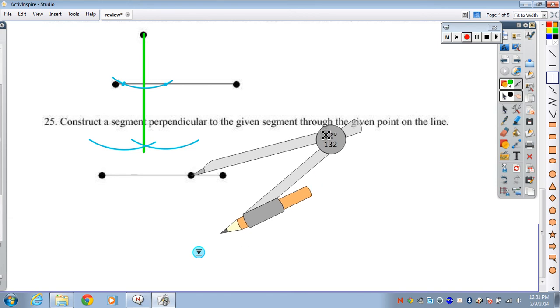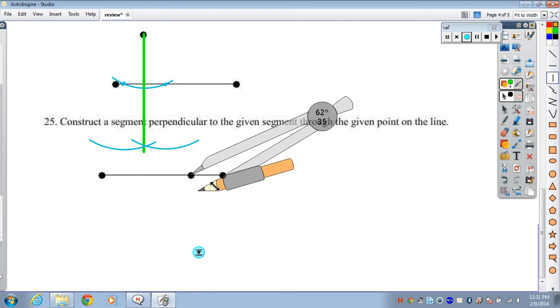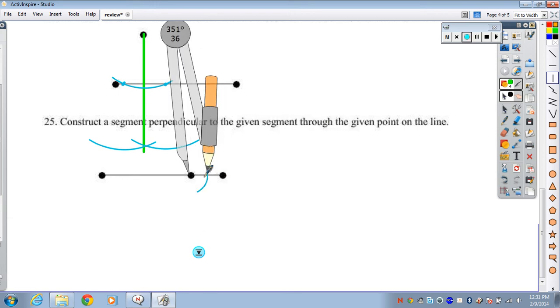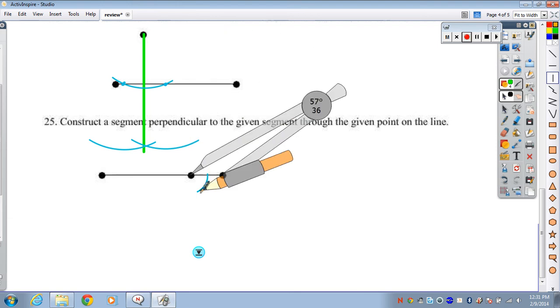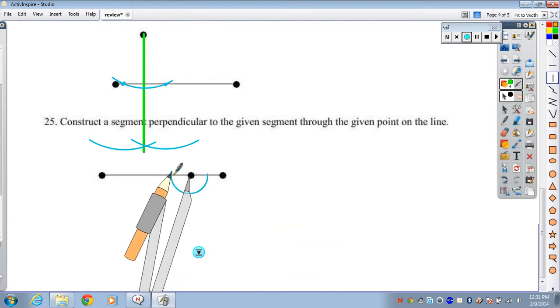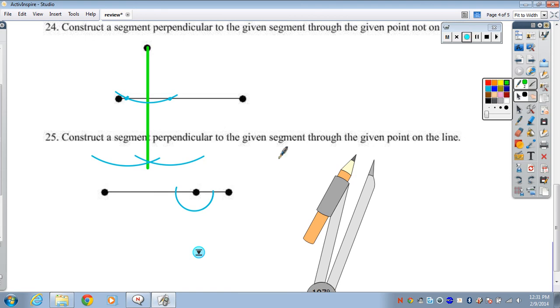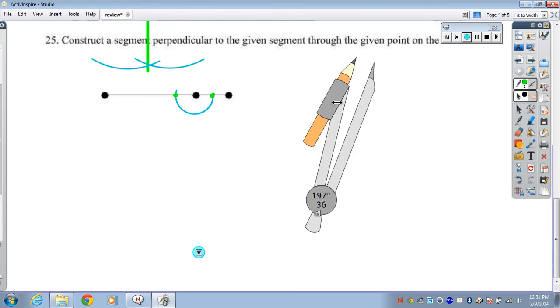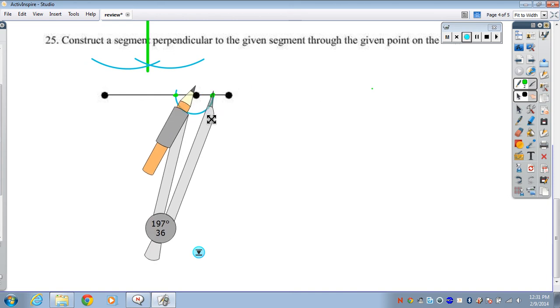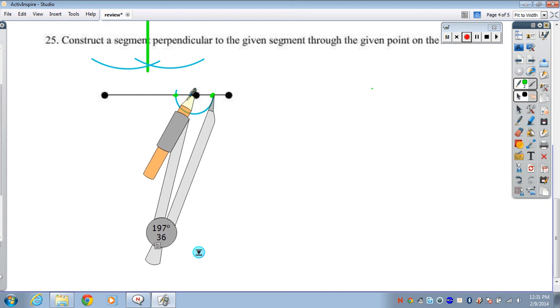So we're going to put our pointer there and draw an arc. Now we're going to use this point and this point because they are an equal distance from this point. Now we're going to use those 2 points and stretch our compass out.